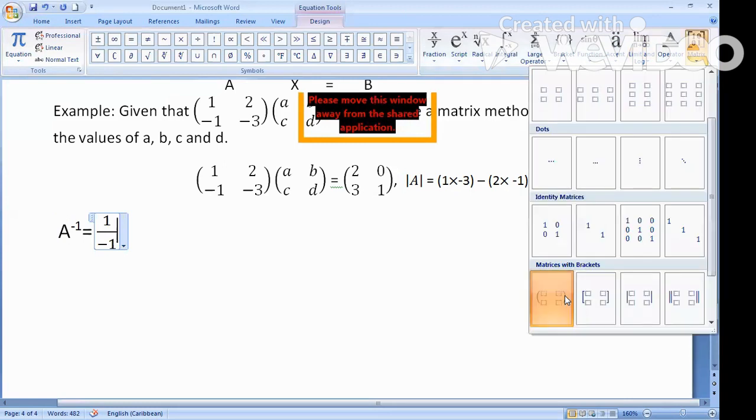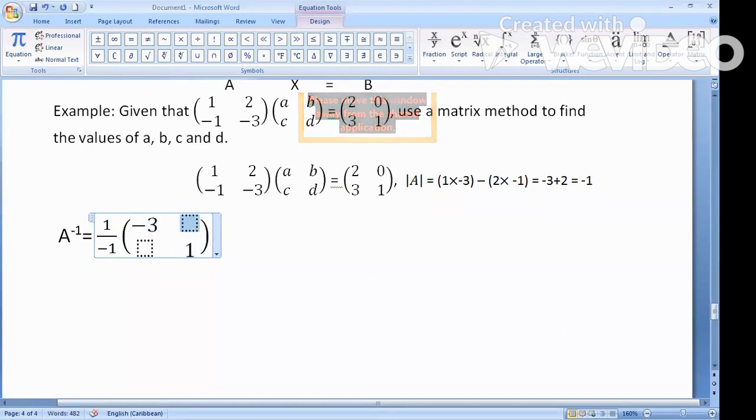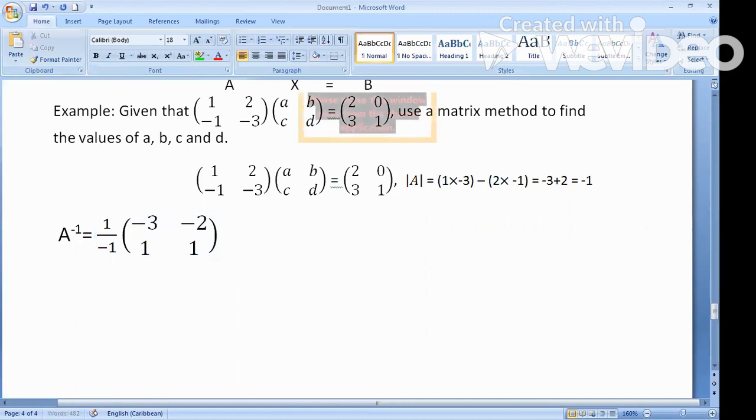Its adjoint. As you know, it's what? -3, -2, 1, and 1. All right, class, what do I do with this fraction here?